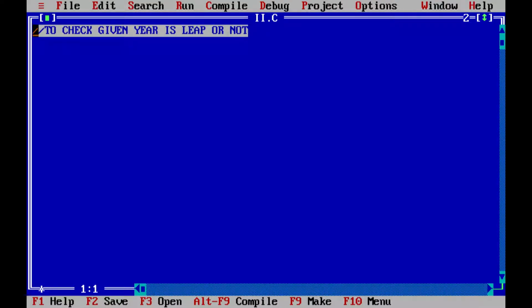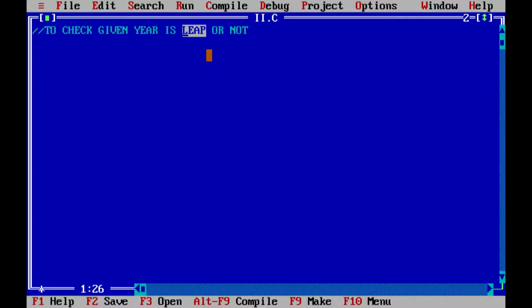To solve this problem, the first thing you need to know is what a leap year is and what the condition is to check whether it is a leap year or not. The first condition: if the given year is a century year, that is, if it is divisible by 100, then it should be divisible by 400 to be a leap year.